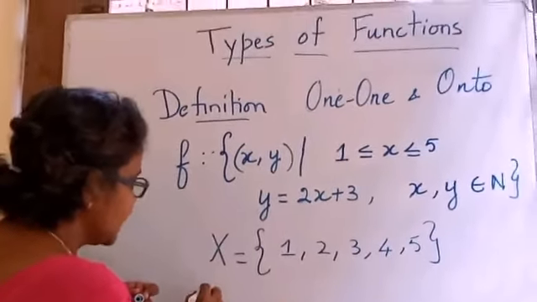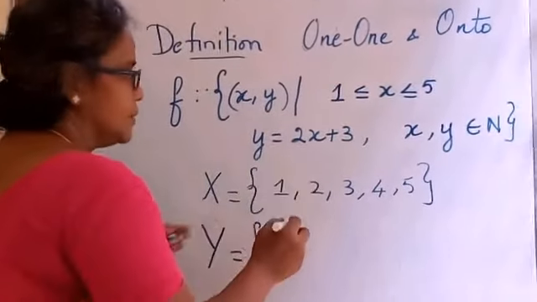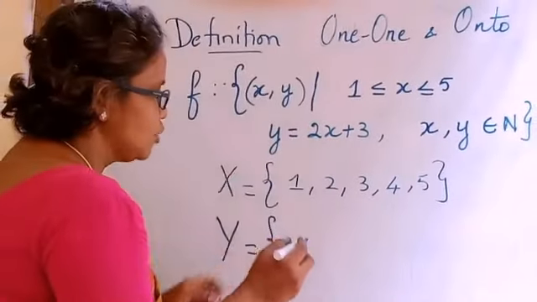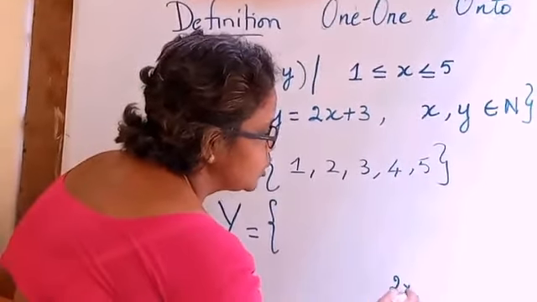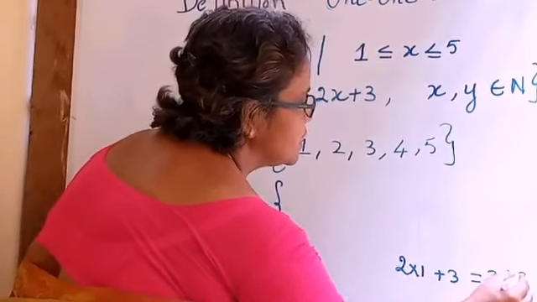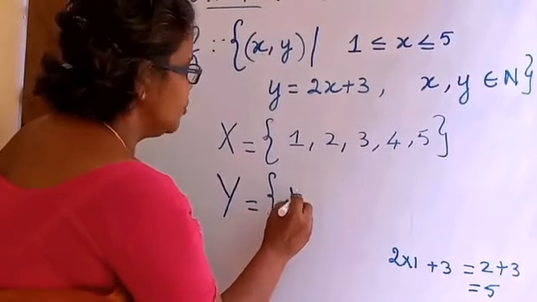Now I should calculate the values of y using this function. Substitute 1 in this particular function. So what will you get? 2 into 1 plus 3 is equal to 2 plus 3, which is equal to 5. So what is the image you'll be getting?